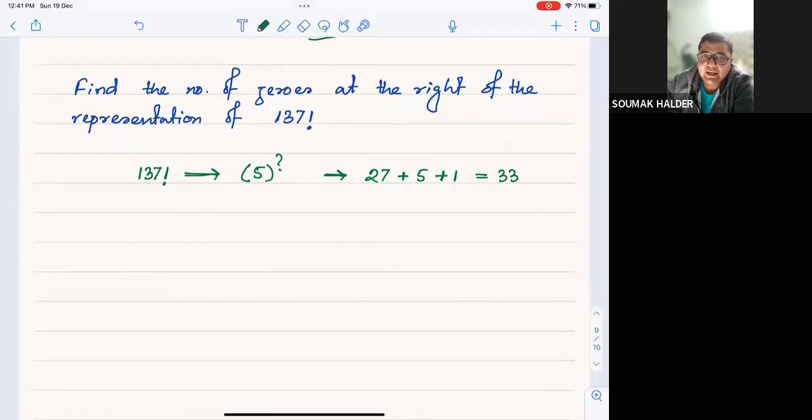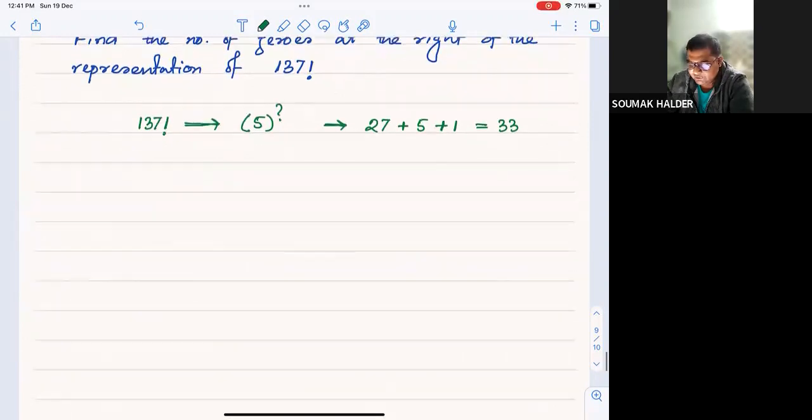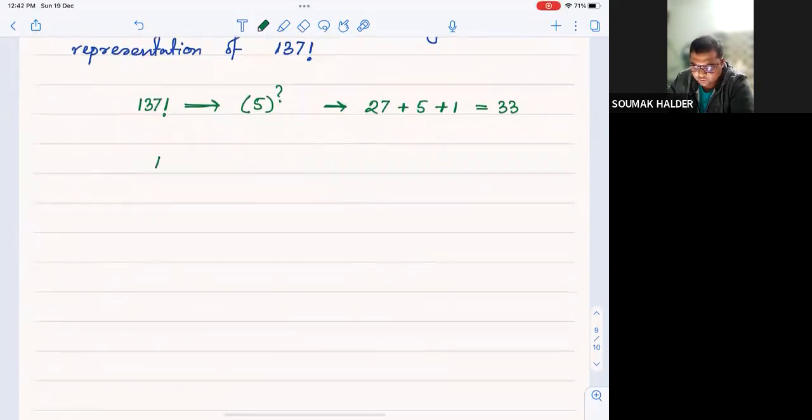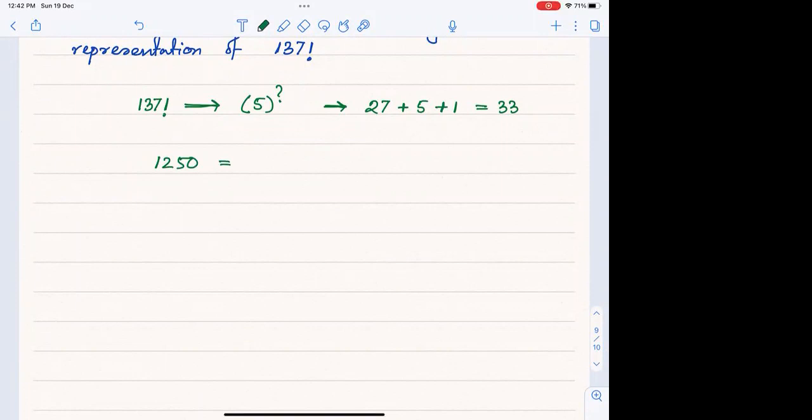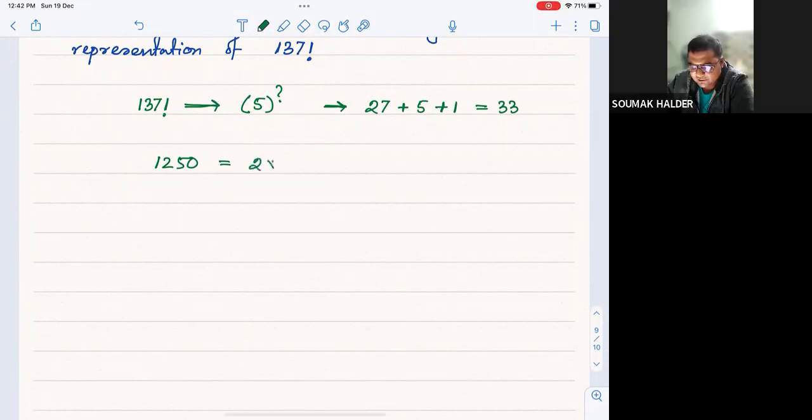When we are considering n factorial, if you consider a random number, it is very much possible. Like, if you consider the number 1250. Now, definitely it is not a factorial. But if you consider 1250, the prime factorization says it's 2 times 5 to the power 4.